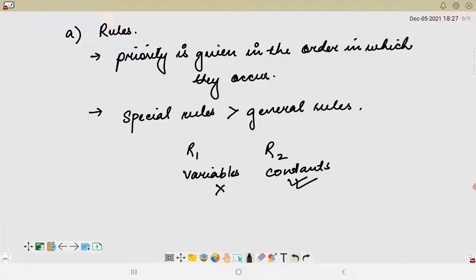Okay, and the first way is that if the precondition of one rule, so if rule 1's precondition has all the preconditions of the second rule, then the second rule is more general than the first.